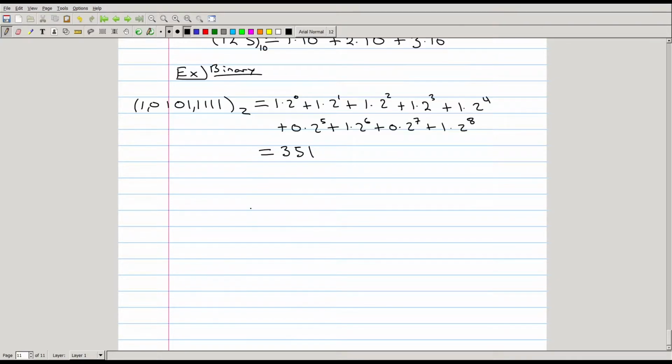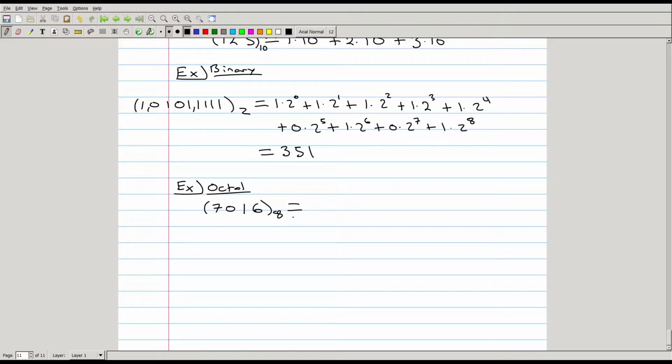An example of octal, or base 8, is given by the number 7016 base 8.